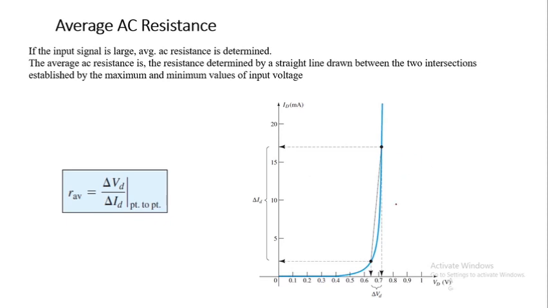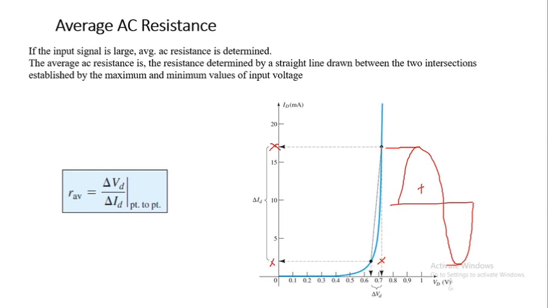Let's assume you have applied a too large input signal. So for the maximum value or the peak value of this positive half cycle, we will have the value of maximum current here, and for the lower peak we will have the value of current here.